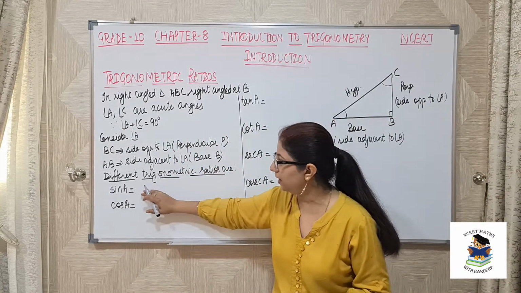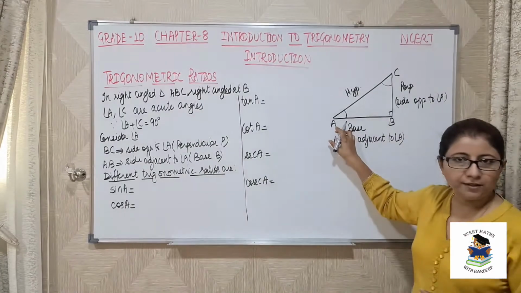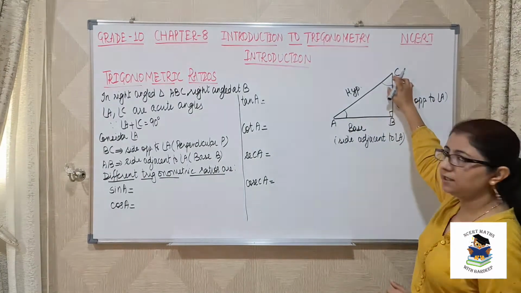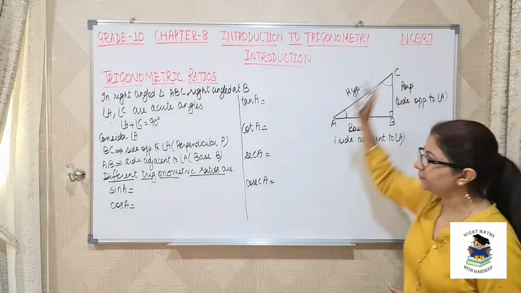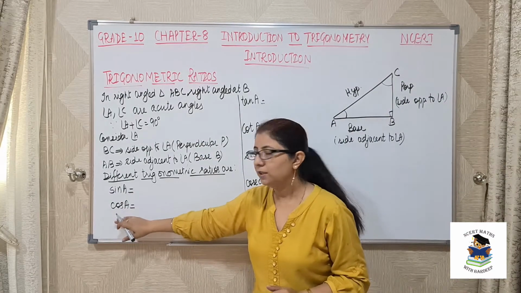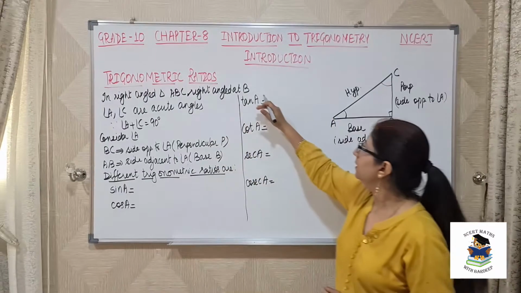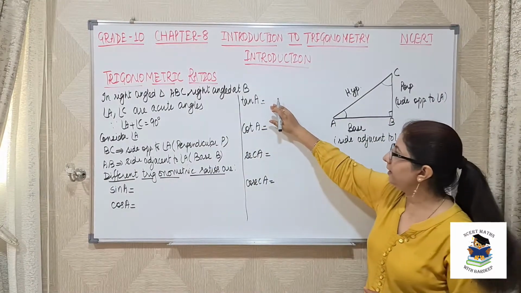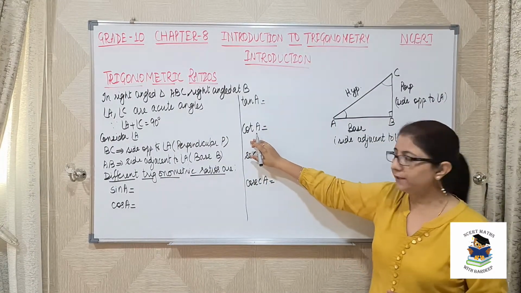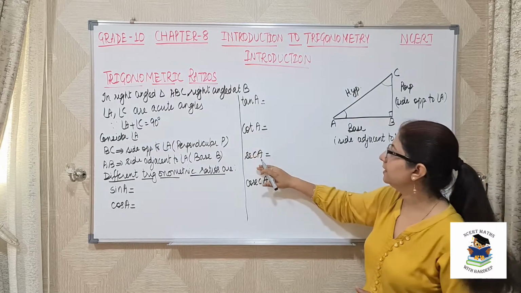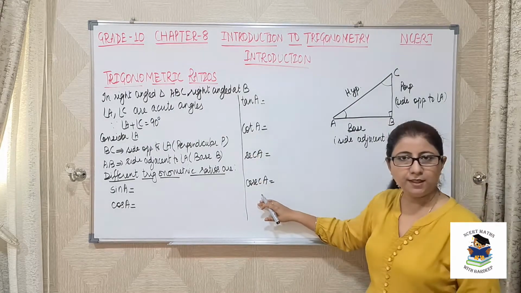A means the angle under consideration. It can be sine C if we are considering angle C. So sine A, cos A or cosine A, tangent A or tan A, cot A or cotangent A, secant A, cosecant A.